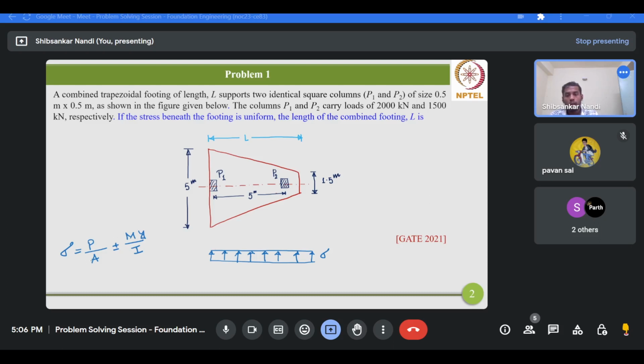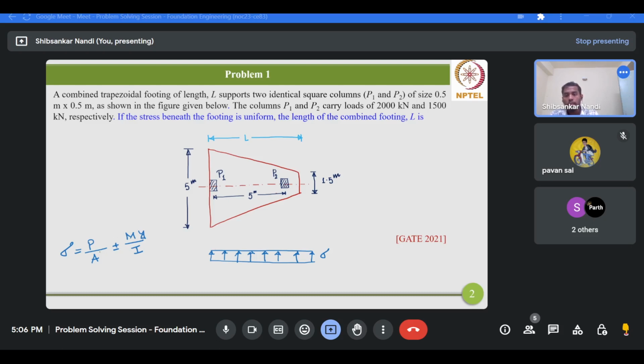This is purely axial compressive stress, and the other component is nothing but the stress which is caused by the bending moment, which is externally applied to this foundation.